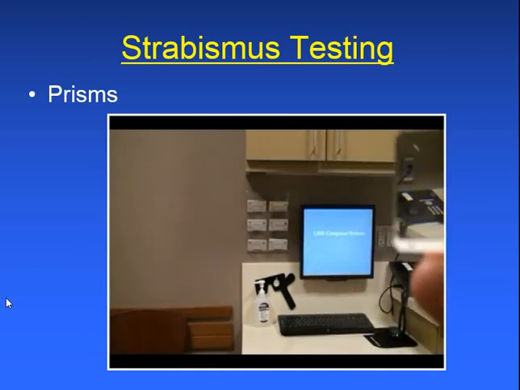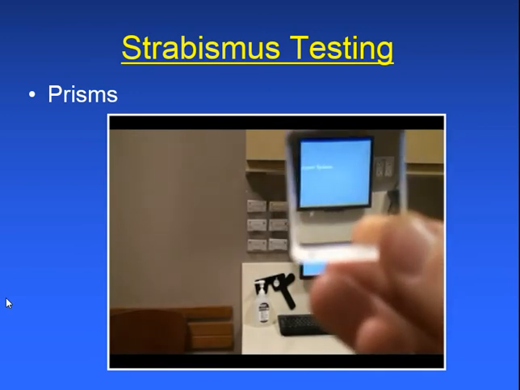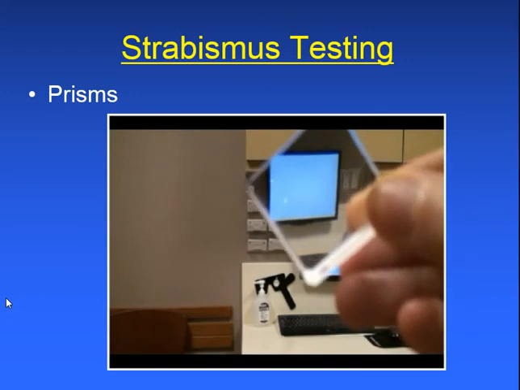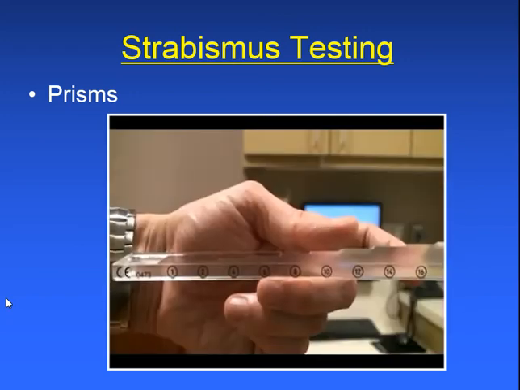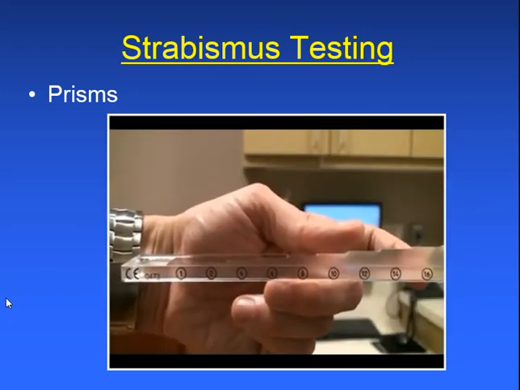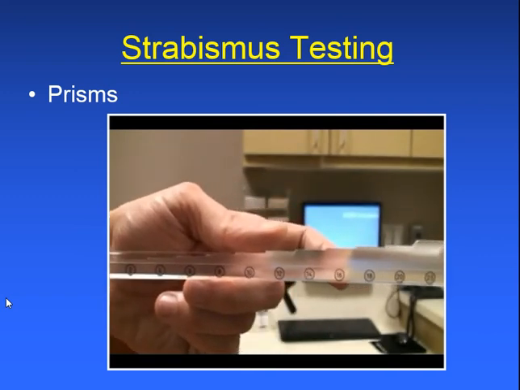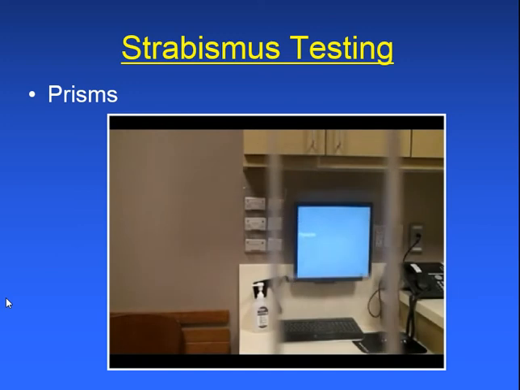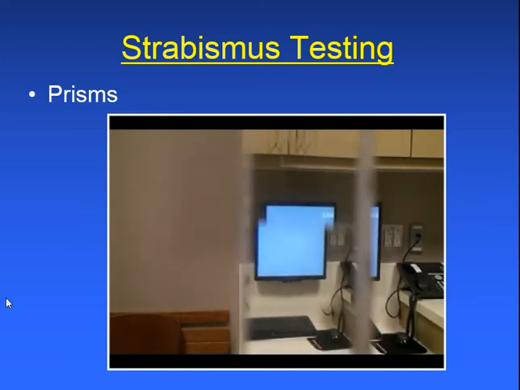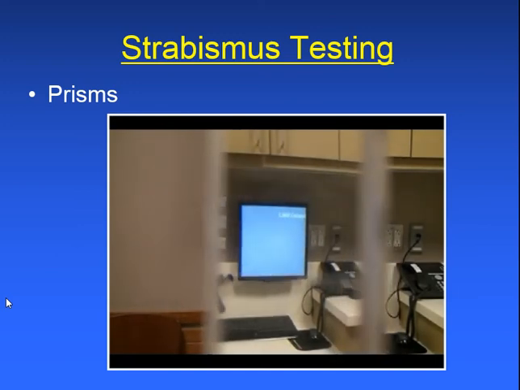So in this case, if we point it upward, then we can shift the image upward. We can also shift it diagonally if we need to. And strabismus experts work with a prism bar that has multiple prisms of different strengths in it. And you can see that as you run the prism bar over the patient's eye, the image will progressively shift to the side.